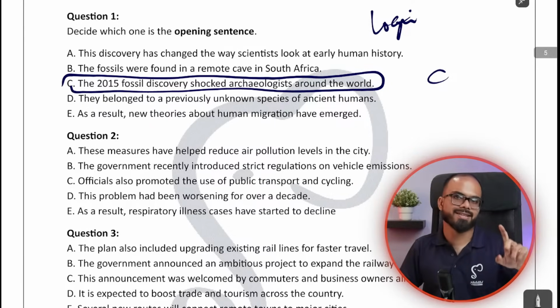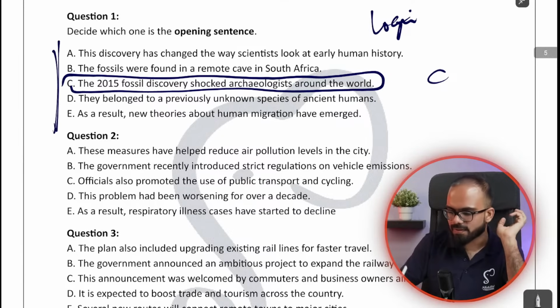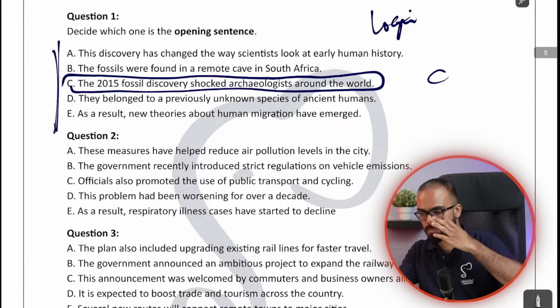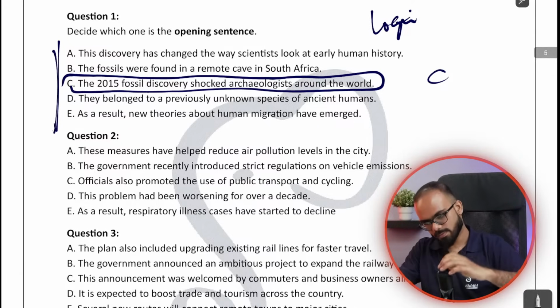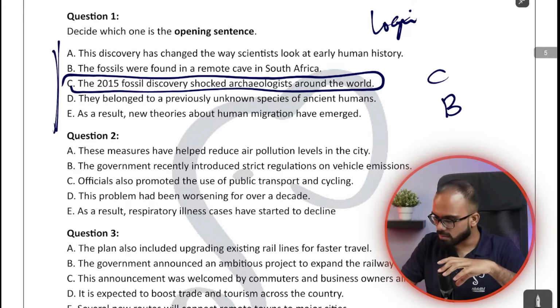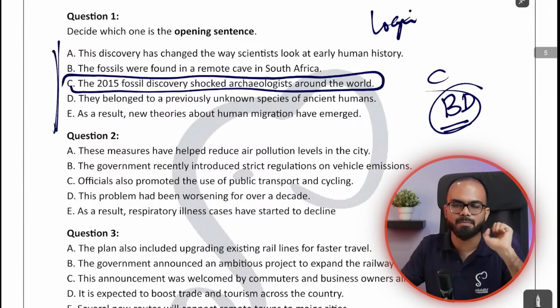Now, the second thing, give me one mandatory pair out of this. All these five sentences, give me one mandatory pair. Fossils were found in a cave and they belong to a previously unknown species. Can I say BD is a mandatory pair?